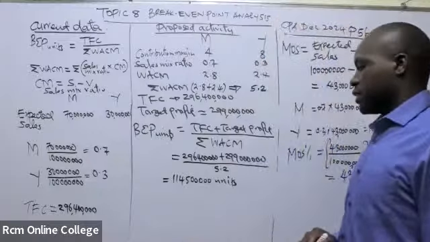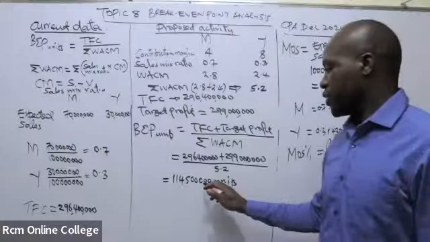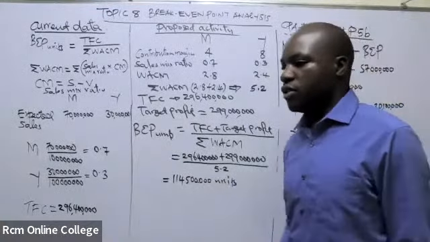That is what we are getting, right? 114,500,000 units. Can we distribute them to each product?